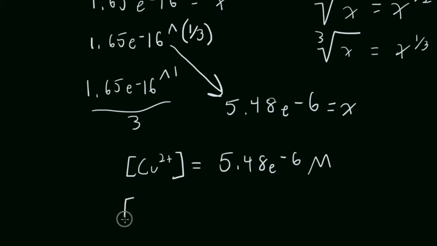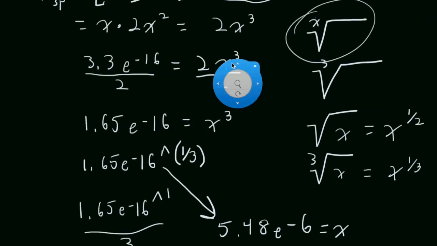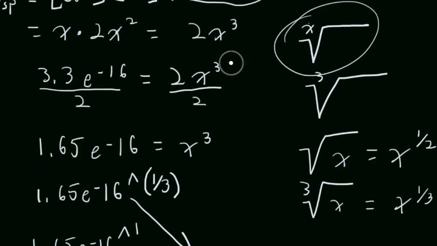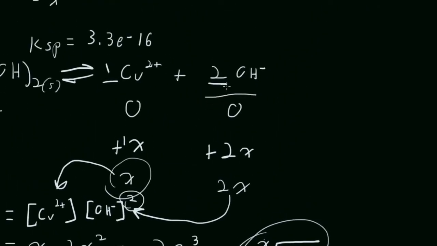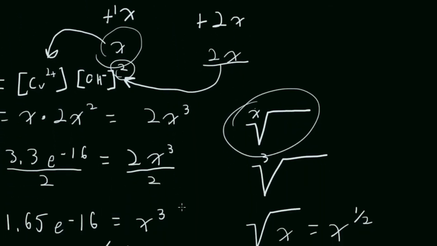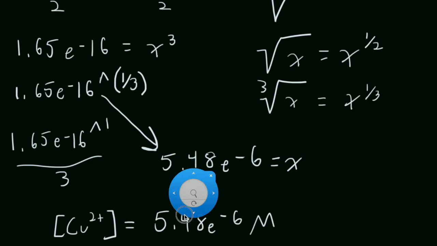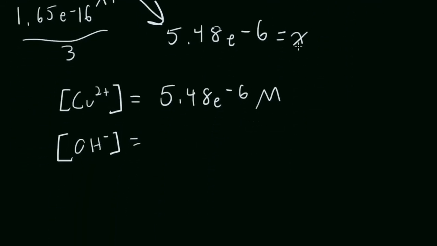But what about the concentration of OH? Well, if I look back at my rice table, I had 2 OH and 2X for my final concentration. So I need to take the value that I found down here of X and multiply it by 2.